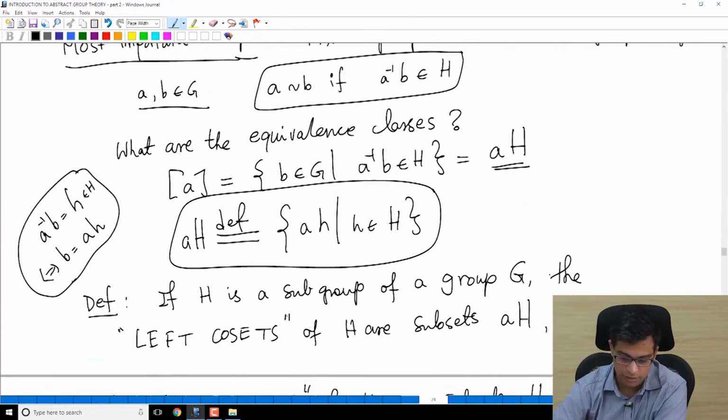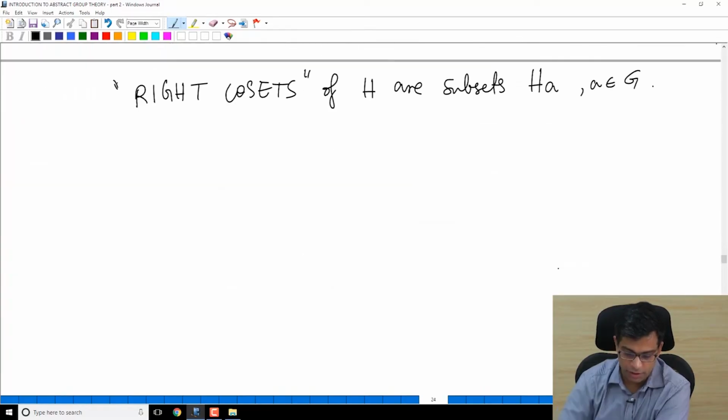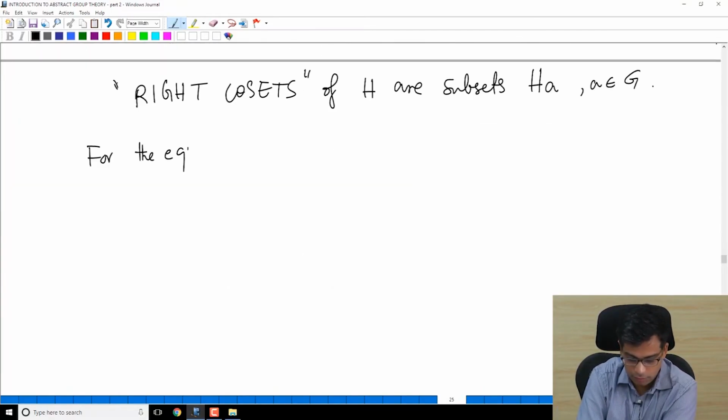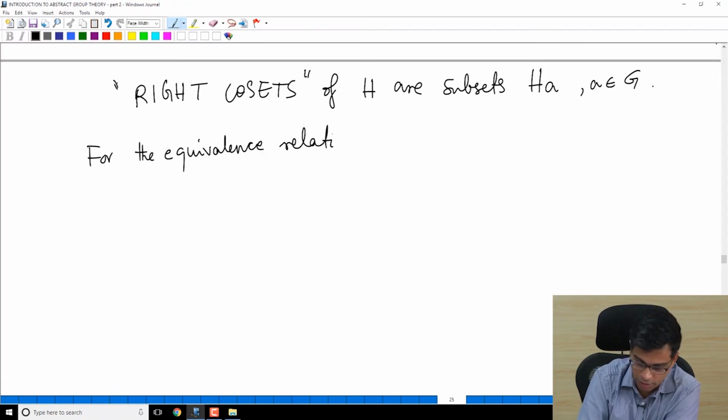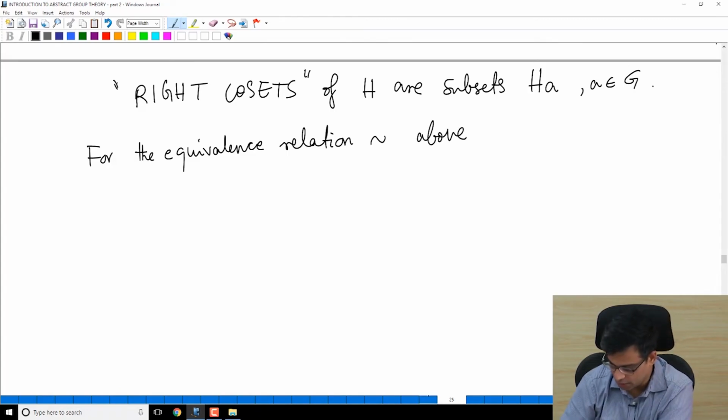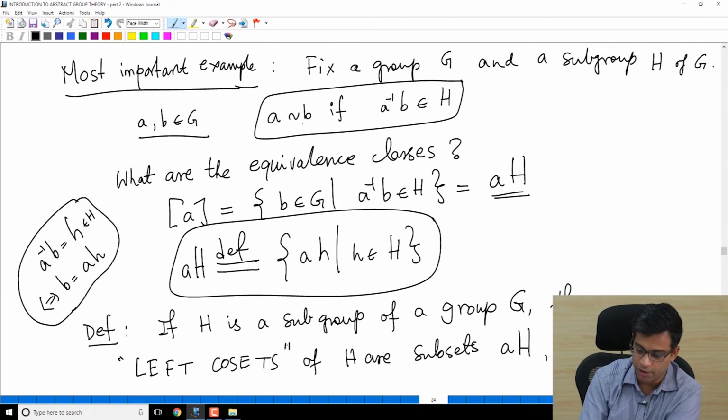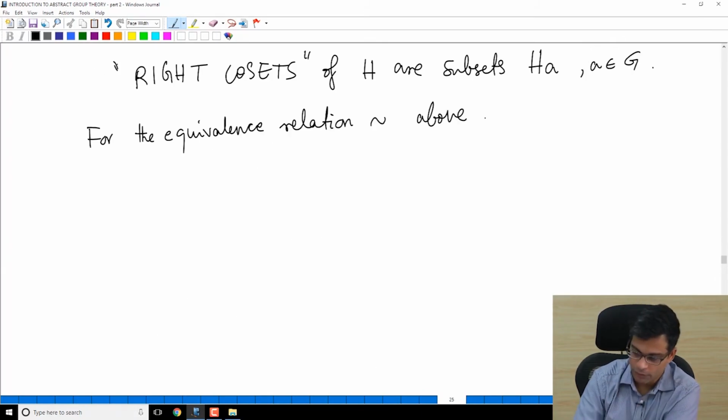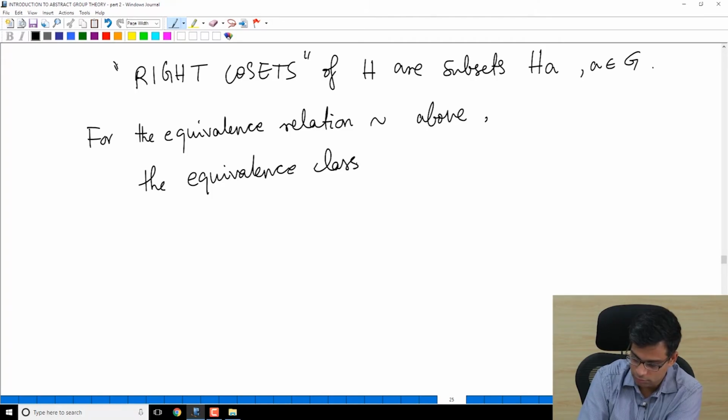So what we have done is, for the equivalence relation above, by which I mean the previous page, A is related to B if A inverse B is in H, the equivalence classes are simply the left cosets.